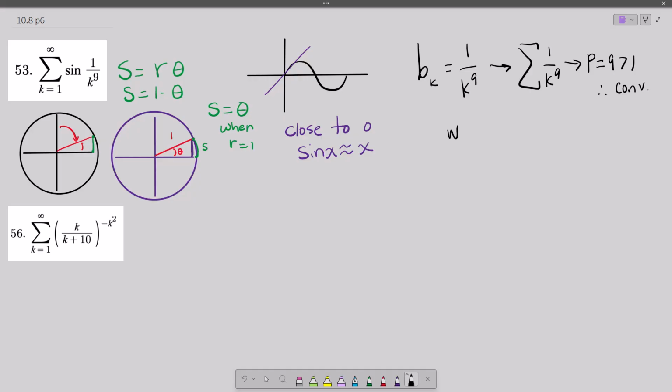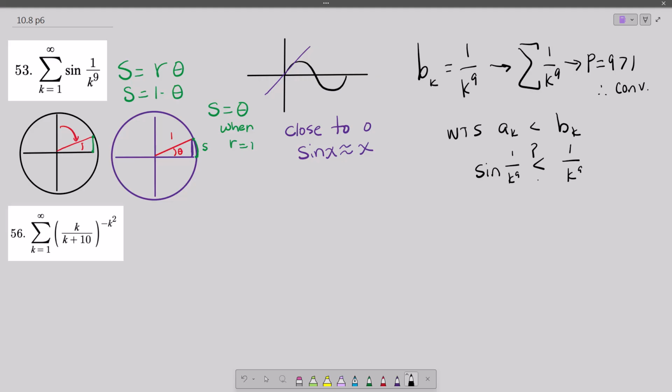So if we do a comparison, we would want to show that a sub k is less than b sub k because we have a convergent series. Smaller than converging converges. Our a sub k is the original, so sine of 1 over k to the 9. And the question is, is that less than 1 over k to the 9? When we look at our picture right here, sine is this vertical purple distance. S and the angle are the same. Which is bigger?